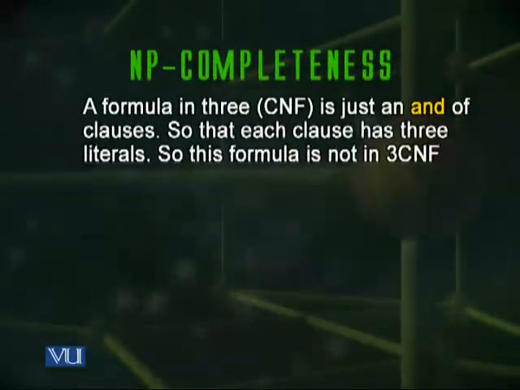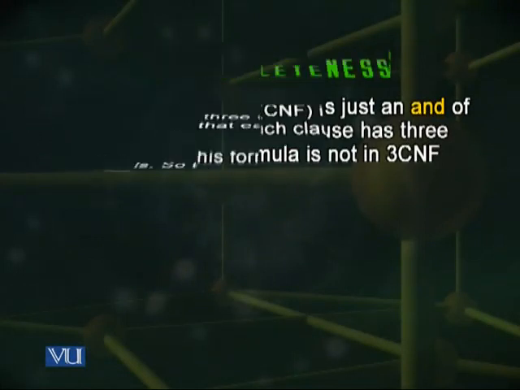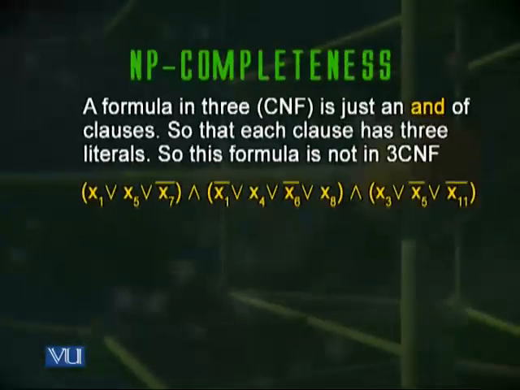A formula is in 3CNF if all its clauses have exactly 3 literals in them. So formulas which are in 3CNF are very, very simple. They are ANDs of clauses and each clause has 3 literals in it. So let's look at an example of a formula in 3CNF.